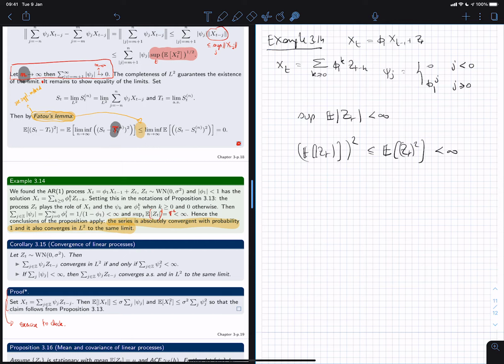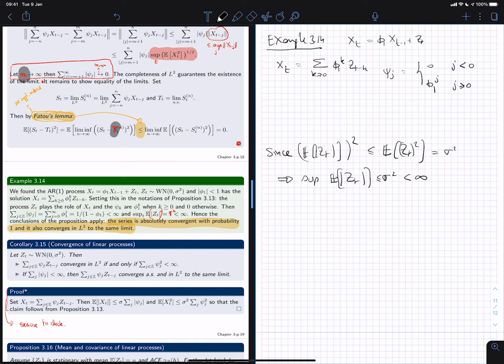Because we know that this is 1, we know that this is less than 1 for all t. Well, it's not equal to 1, it's equal to sigma squared, like that.